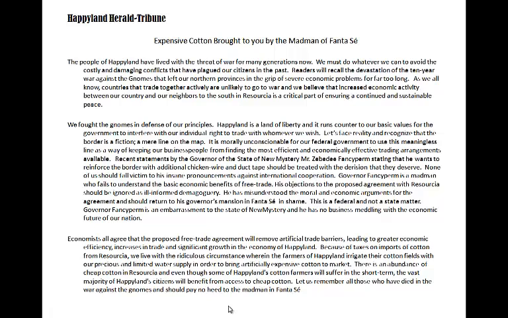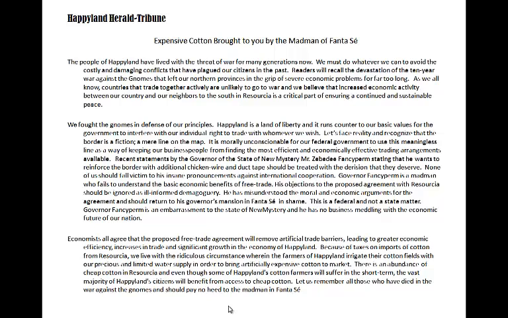And then usually you'll find some sort of distracting self-praise. We are so great. We fought in defense of our principles. This is a land of liberty, etc., etc. Now, notice then how much of this plays into or fails to play into the actual argument.